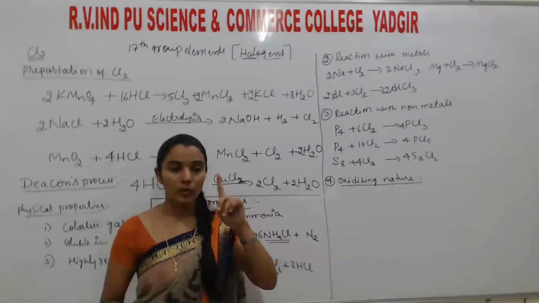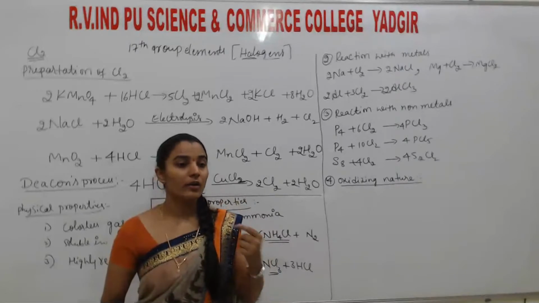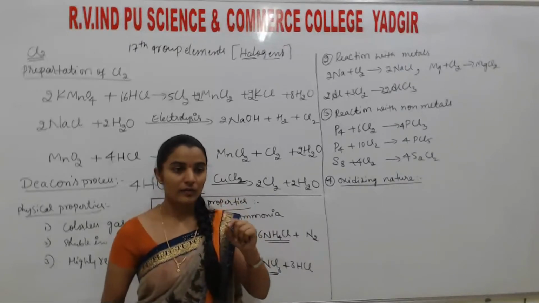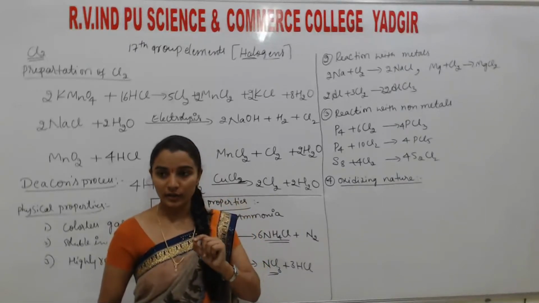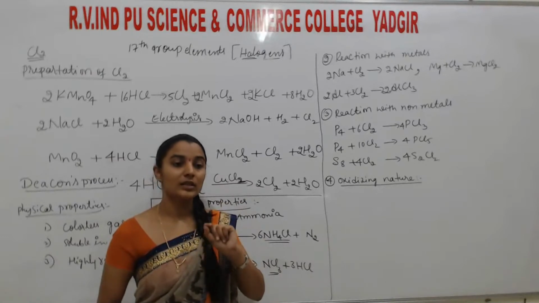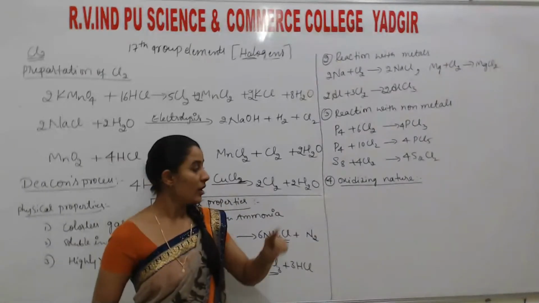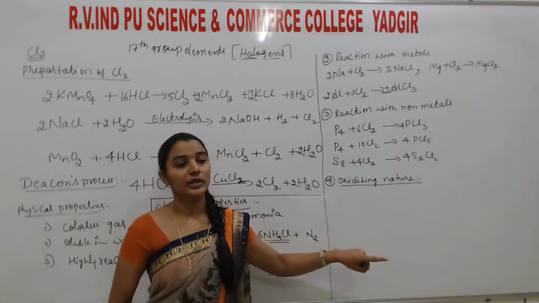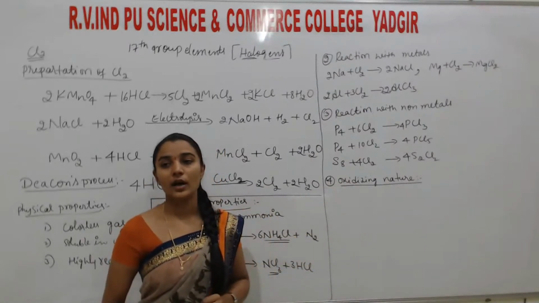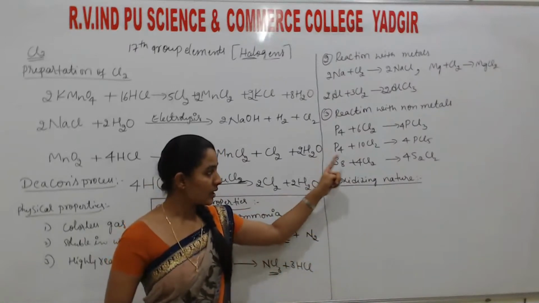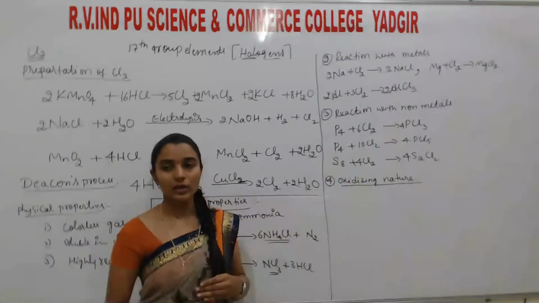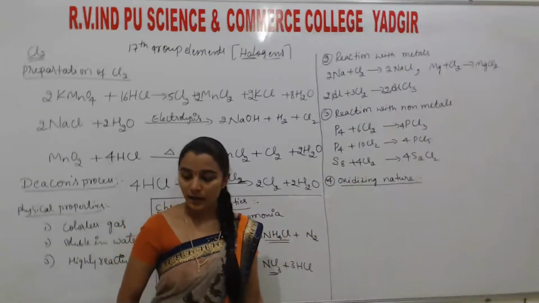Because they need electrons to attain a noble gas configuration. So they always prefer gain of electron. Gain of electron means that is reduction. Understand? One which undergoes reduction oxidizes other elements. So that's why these halogens, by accepting an electron, oxidize other elements.